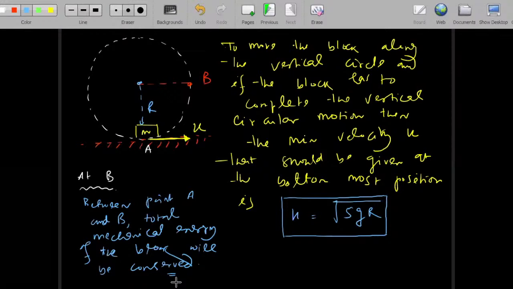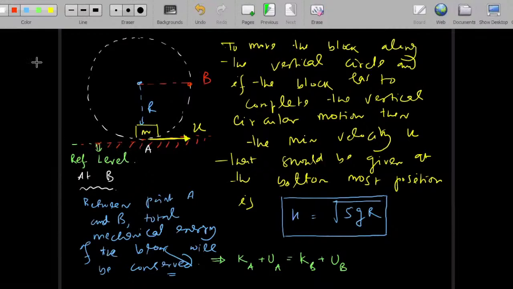So when something is moving under gravity, gravity is a conservative force, so total mechanical energy has to be conserved. So it means I will write kinetic energy at point A plus potential energy at point A is equal to kinetic energy at point B plus potential energy at point B. I'm taking the horizontal surface as the reference level.